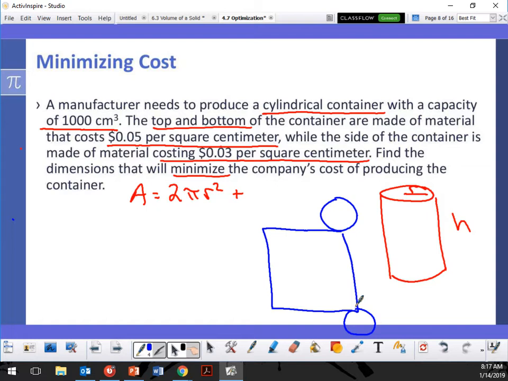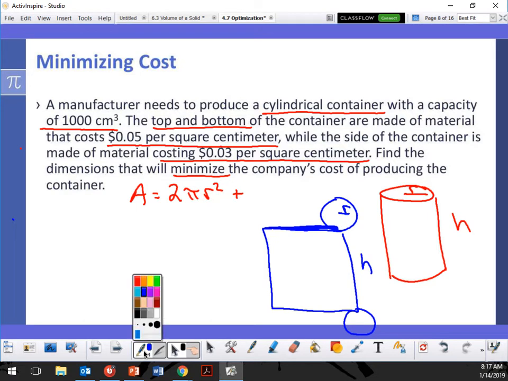It'll look like that there, right? So I have the top and bottom, and let's transfer some of this. That's the height, this is the radius. So right here would be what? That's the circumference, because it's wrapping around the edge of the circle.